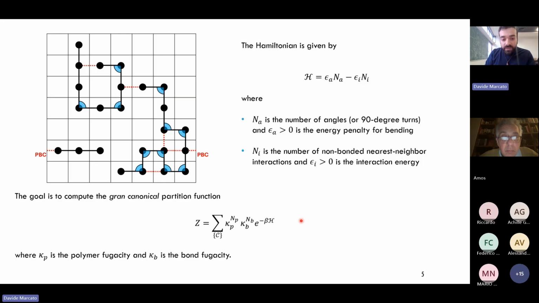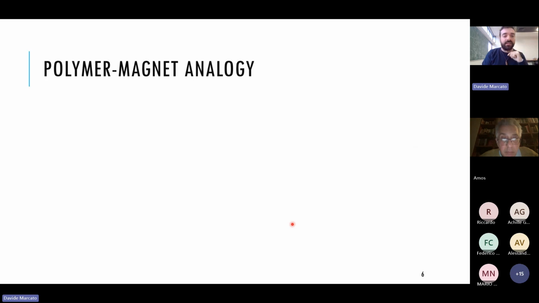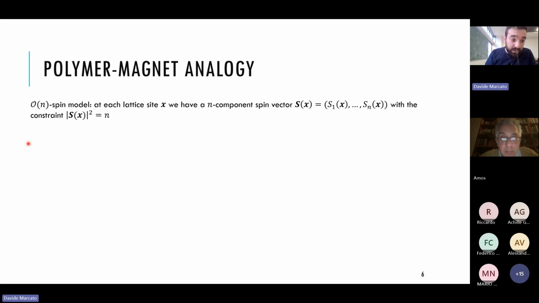So now the question is, how do we compute this object, this partition function? And in order to answer that, I need to take a small detour to a seemingly unrelated problem, which is spin models. In particular, I will talk about the O(n) spin model, which has a very simple definition. You have a lattice in whatever dimension, doesn't matter.